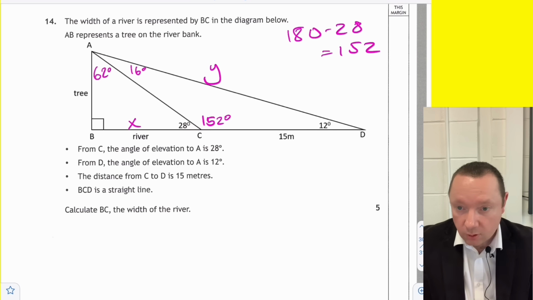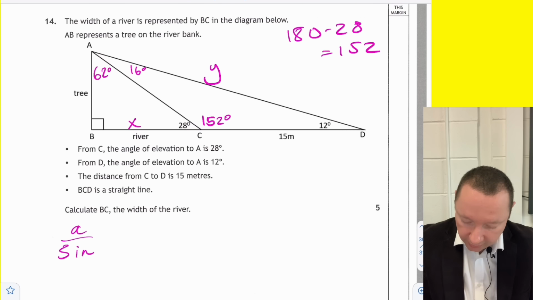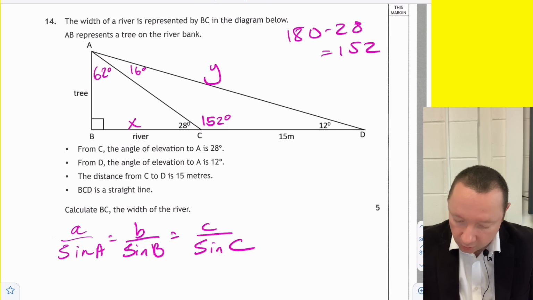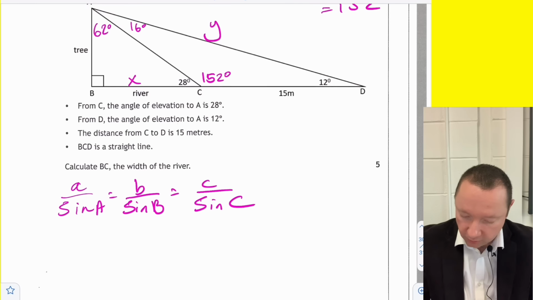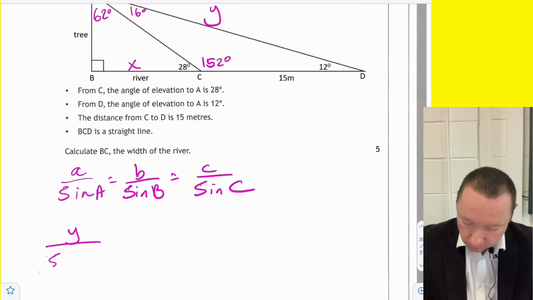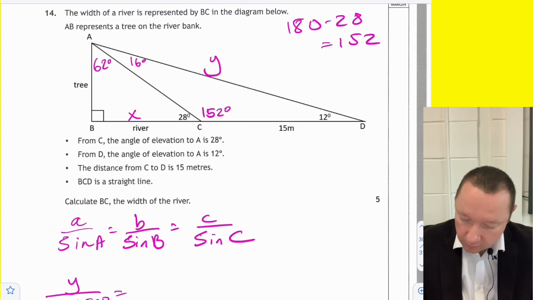So the sine rule, remember, a over sine A equals b over sine B equals c over sine C. So in our triangle here, this one goes with this one. So it's y over sine 152 equals 15 over sine 16.